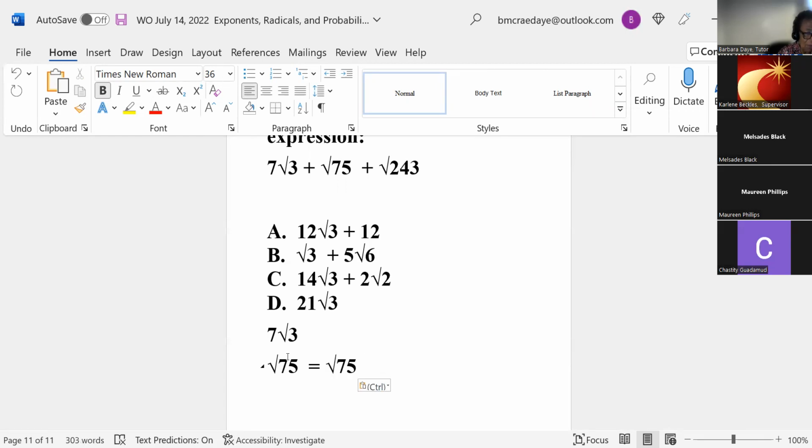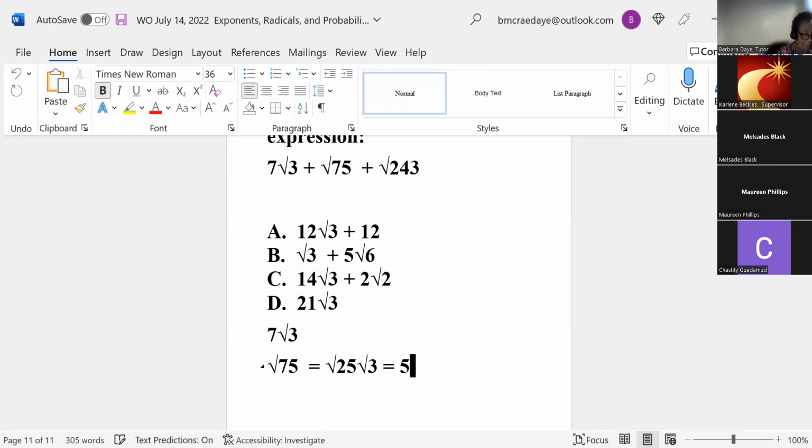25 has a perfect square root, right? So you break that down into its factors: the square root of 25 times the square root of 3. So let's just put the 3 here. What's the square root of 25, Mercedes? 5.